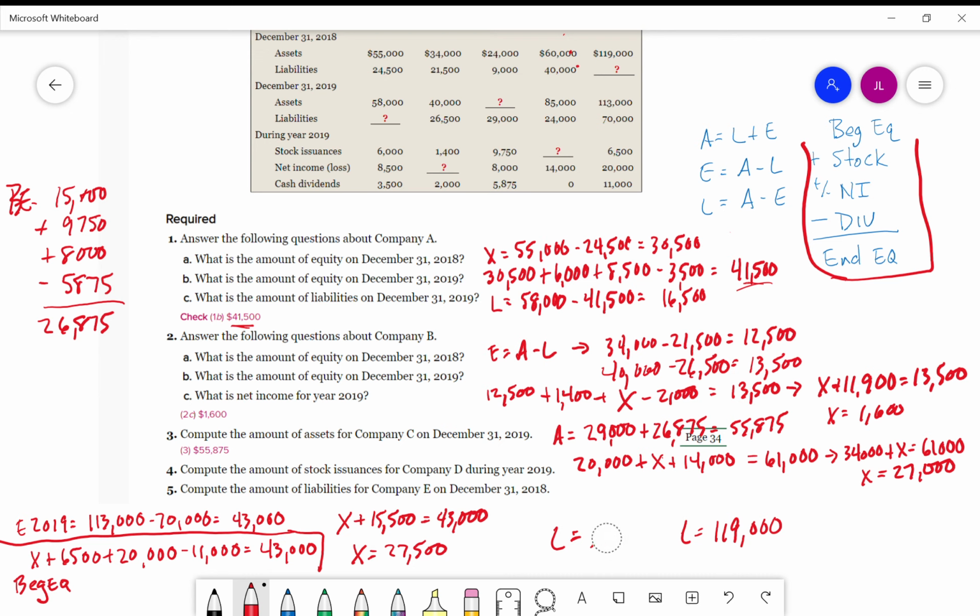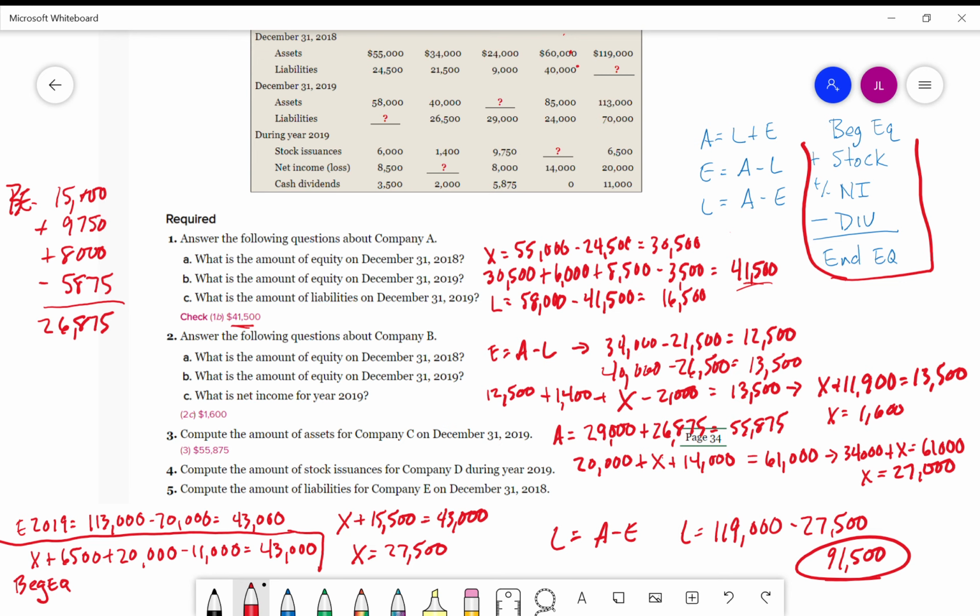Let me fix that. Liabilities are your assets minus equity. Get your brain in gear before your pen moves. So liabilities are equal to our assets of 119,000 minus our equity of 27,500. So for this last one, our liabilities are 91,500, if I did my math right.